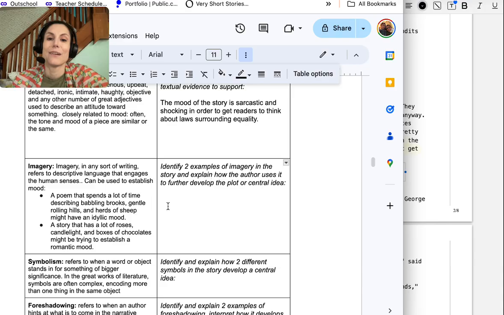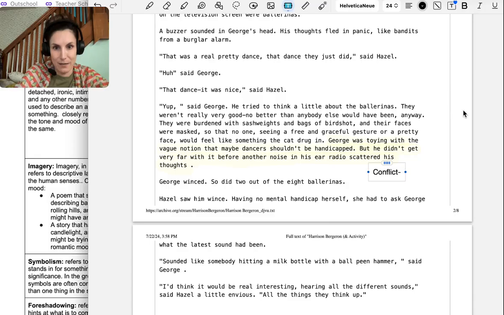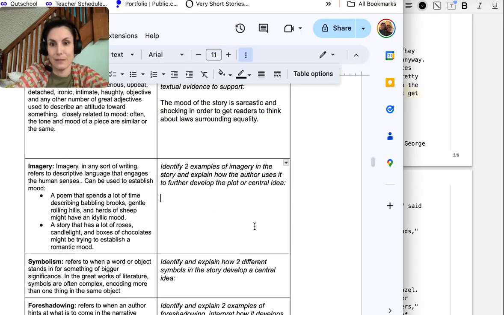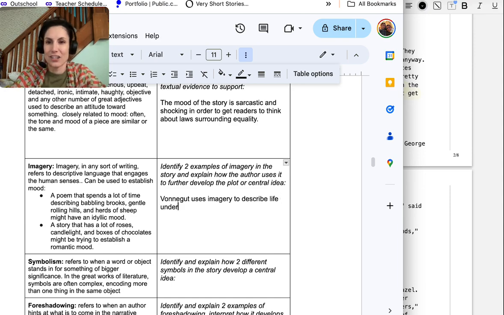For imagery, we can definitely talk about the scene where they're flying through the air. For imagery, George and Hazel, anytime we're hearing sounds, Vonnegut uses imagery to describe life under government issued handicap devices.